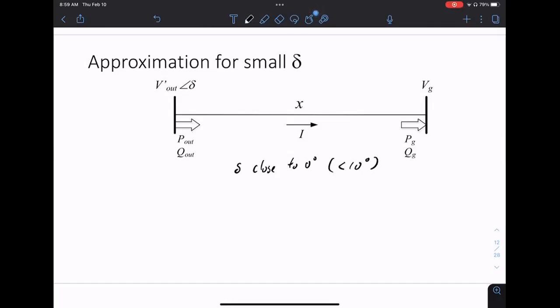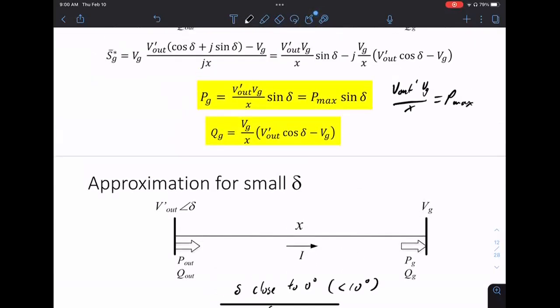Okay, so small angle approximation makes all these equations actually quite neat, because if the angles are small, sine delta becomes delta. This is approximately delta. You do a Taylor expansion. This is the first term in the Taylor expansion. And then the active power flow becomes P max times delta.